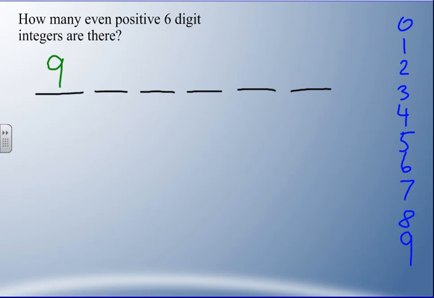So I have 9 options for that. But what I have to remember is what makes it an even number. It's the last digit. If I end in a 1, it's not an even number. If I end in a 3, a 5, a 7, or a 9, it's not an even number. So for my last digit, all that leaves for me is 0, 2, 4, 6, and 8, which is 5 numbers.